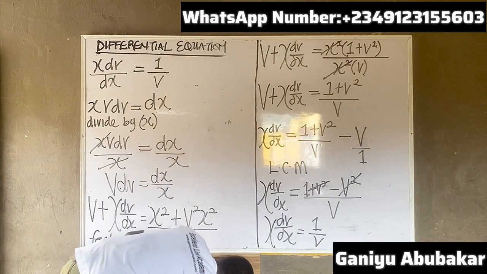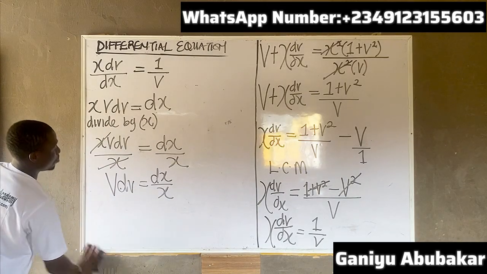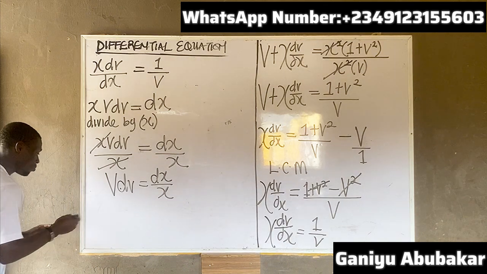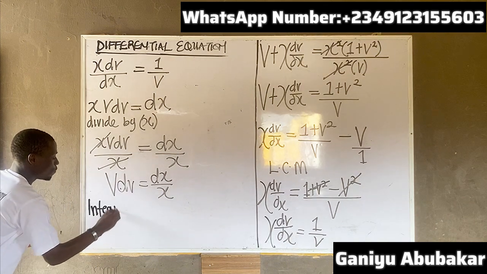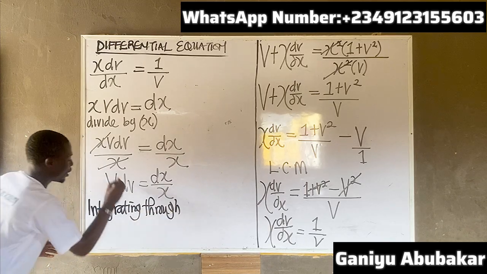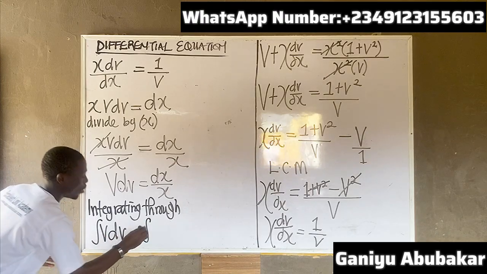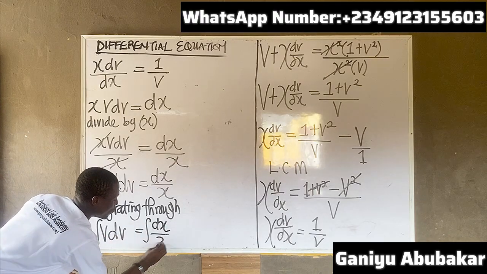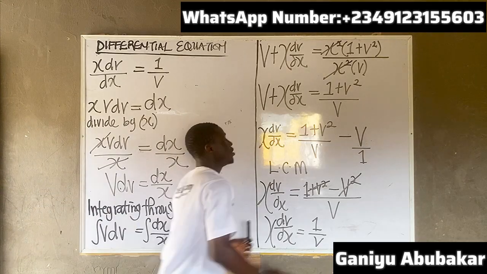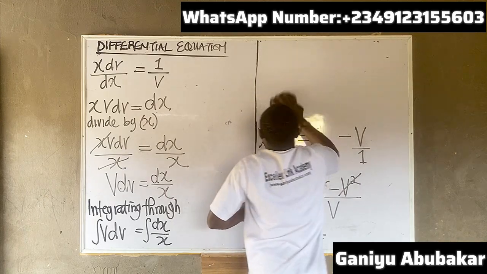All right. Let's proceed. So my next task now is to integrate through. That gives you the integral of v dv equals the integral of dx over x. I'll separate the x outside.